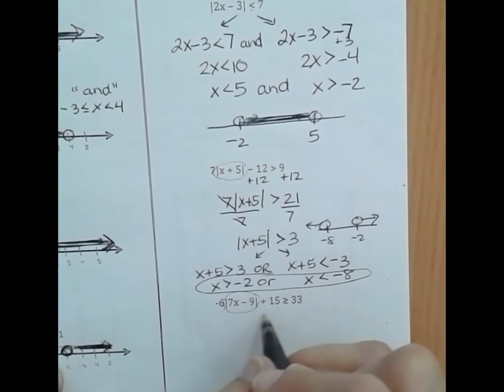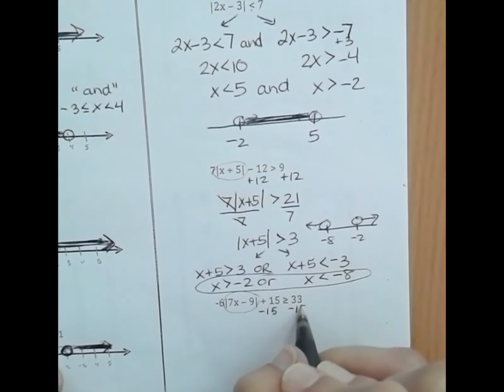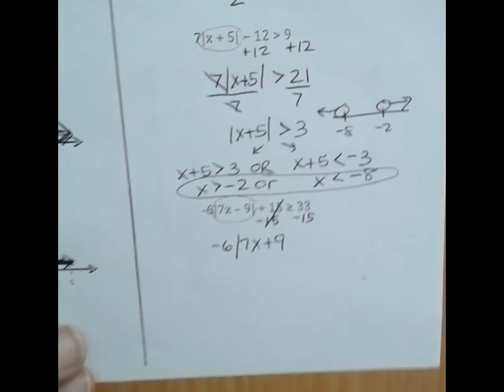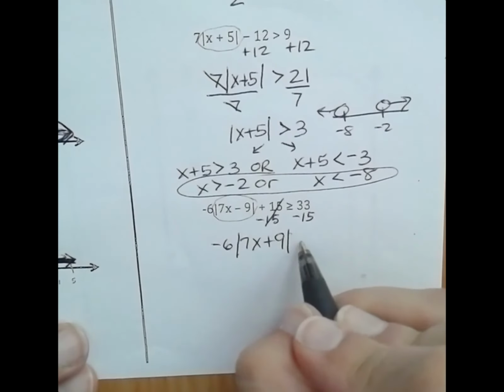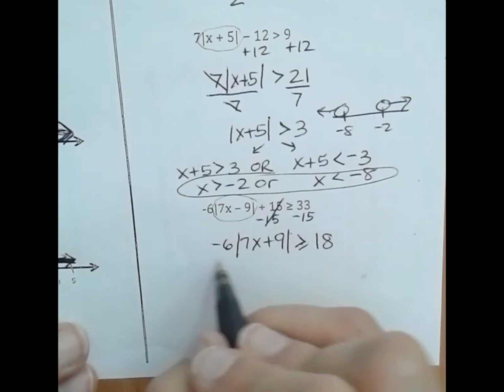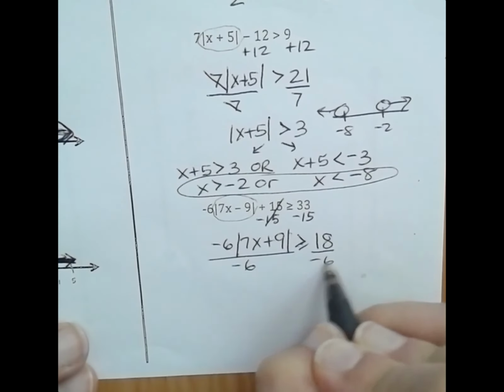All right, the last one, let's get the absolute value by itself. Divide both sides by negative 6.